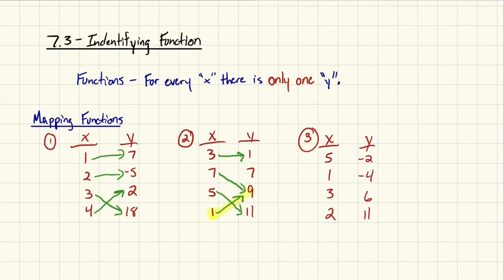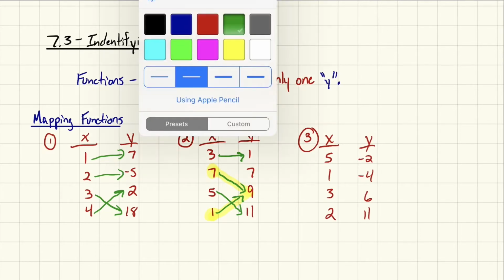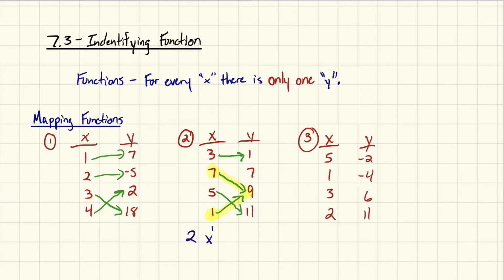Yeah, only one y matched with 1 as well. So even though we do have this weird scenario where two x's are going to the same y value, those x's are only matched to one number each. And that's okay. Two x's can share a y. And let's write that down. So we have that. Two x's can share a y.